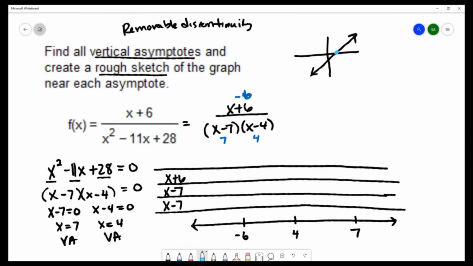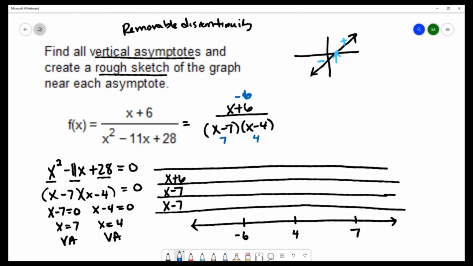So on the left here, all the y values are negative. So that's to the left of your x-intercept, or 0. And to the right of your x-intercept, all the y values are positive. So I can make this sign chart based on that information.